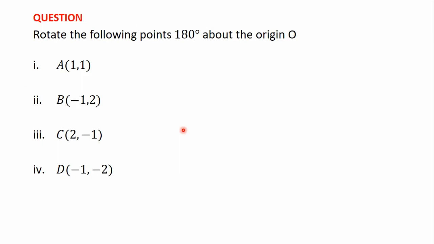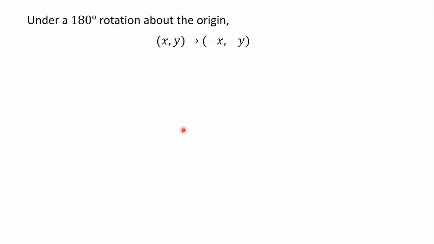Rotate the following points 180 degrees about the origin O. So we have 4 points here, and we are going to take them one after the other. We have just learned that under a 180 degrees rotation about the origin, the transformation is (x, y) maps to (-x, -y). So the first point is point A with coordinates (1, 1), and we are going to rotate this point through a 180 degrees angle about the origin.